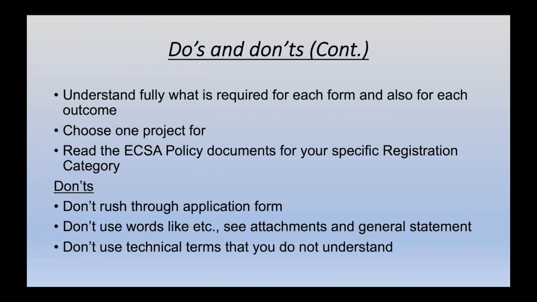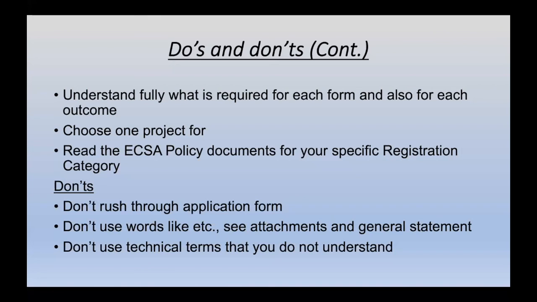Fully understand what is required from each form and also for each outcome. Preferably choose one project for outcomes 1, 2, 3. I forgot to put something in there, but read the ECSA policy documents for your specific registration category.